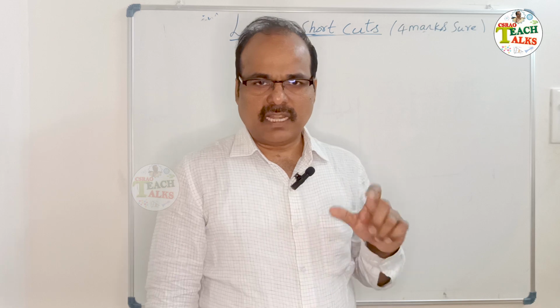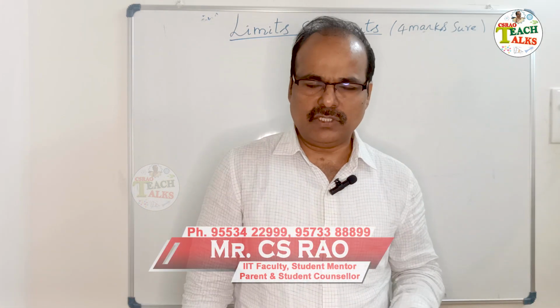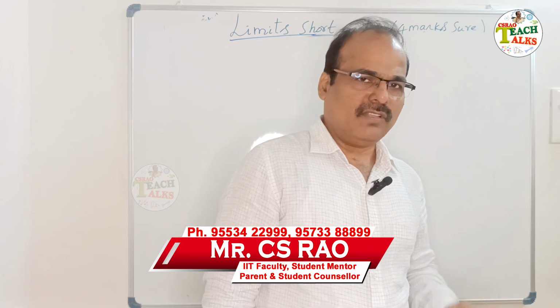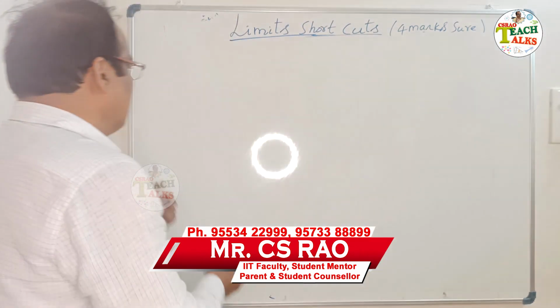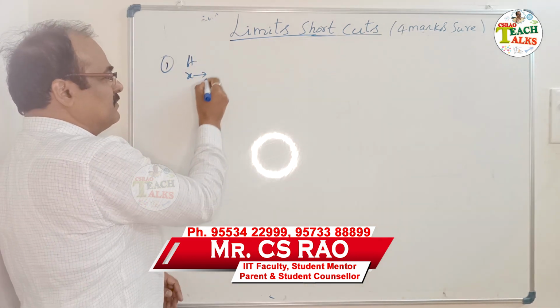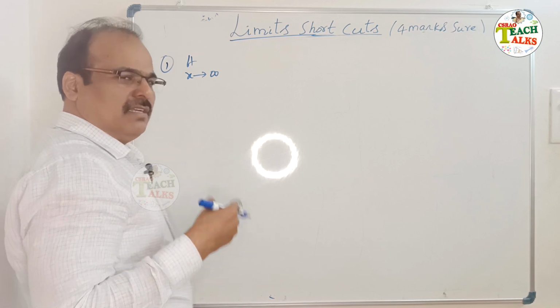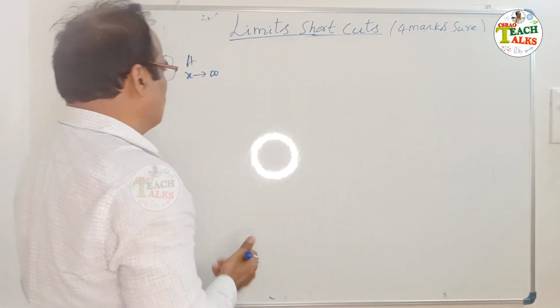And one more concept: limit extends to infinity. How can you do the shortcut? Very simply we can do the shortcut. You see how. Here the limit extends to 0 or infinity, but 0 is very easy. Infinity we are going to teach.